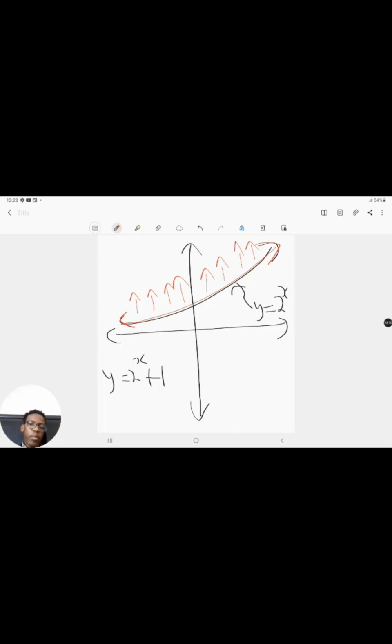All of them. Now, when I say all of them, I'm including the y-intercept, and I'm including the asymptote.